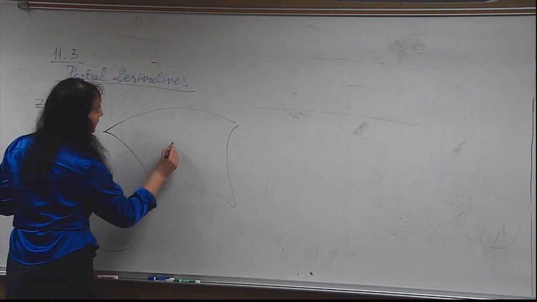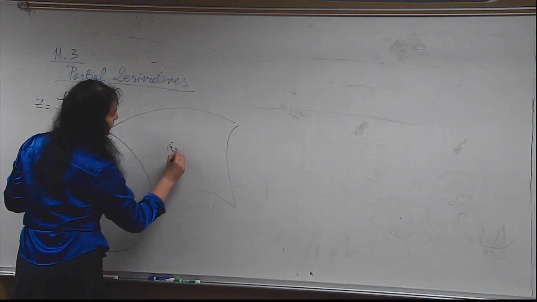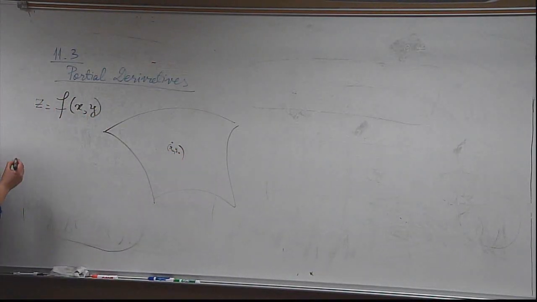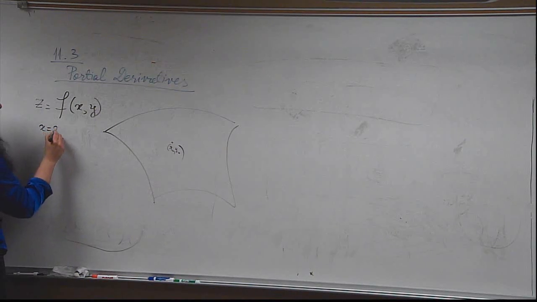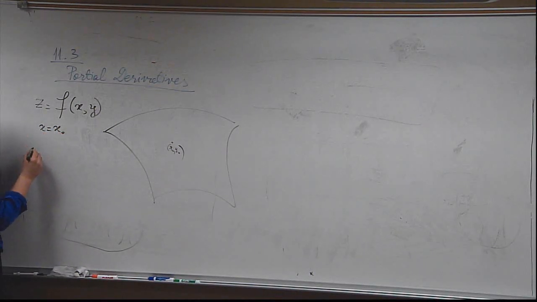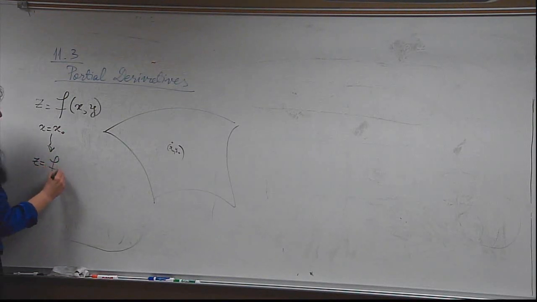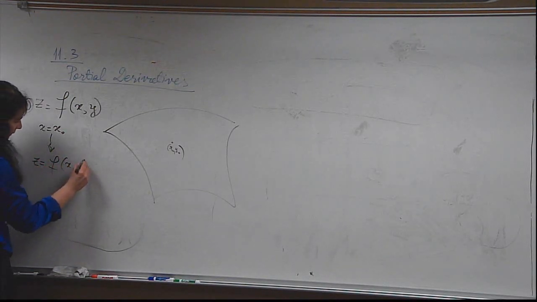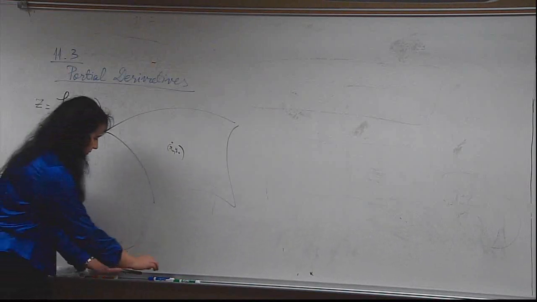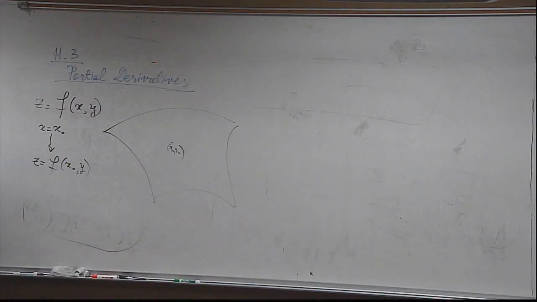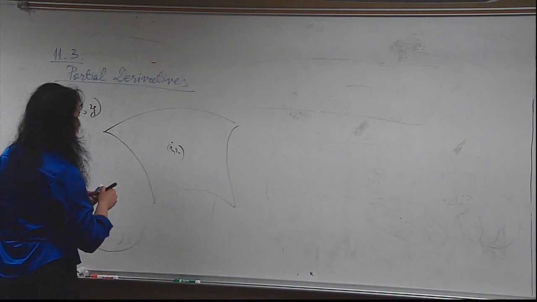On this graph I pick a point x0, y0, and if I were to take x to be x0, what is the z equals f of x0, y? So I'll try to draw, it's not easy.